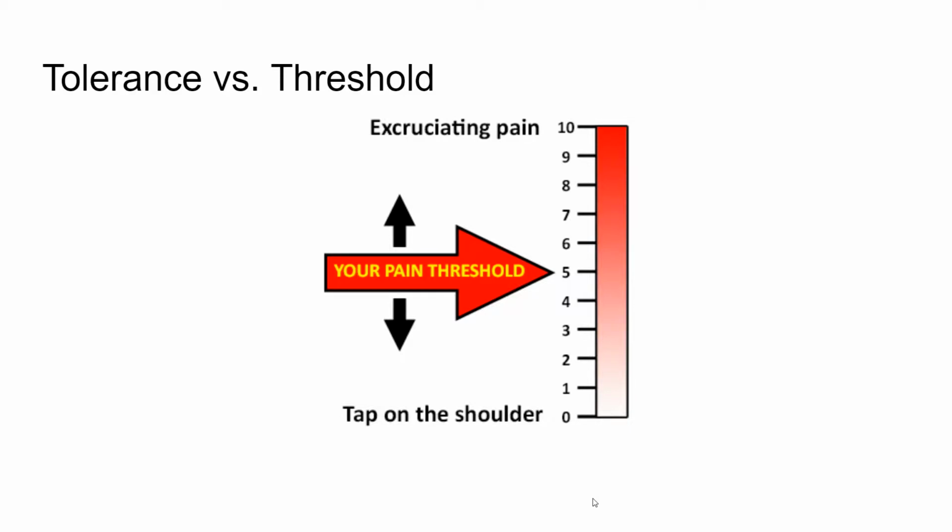Pain tolerance is more of a mental type of thing. But some people are more sensitive to pain, meaning they have a lower pain threshold, not necessarily a lower pain tolerance. All right, so that's important.